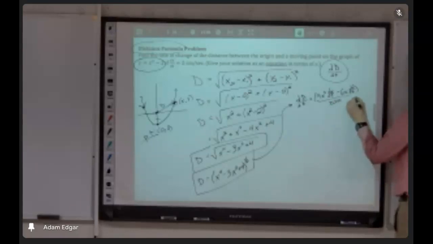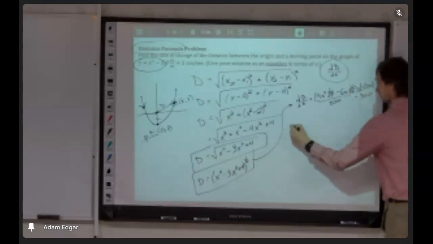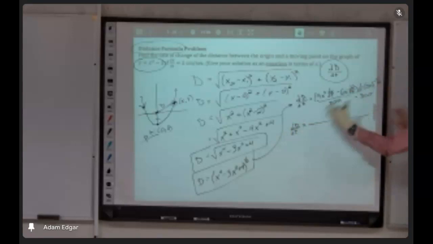Multiply it to d(outside). So what's d(outside)? I'm running out of space here. So 1/2 times the inside to the negative 1/2. So let's consolidate this all into just one big fraction. Let's distribute the 1/2 backwards.